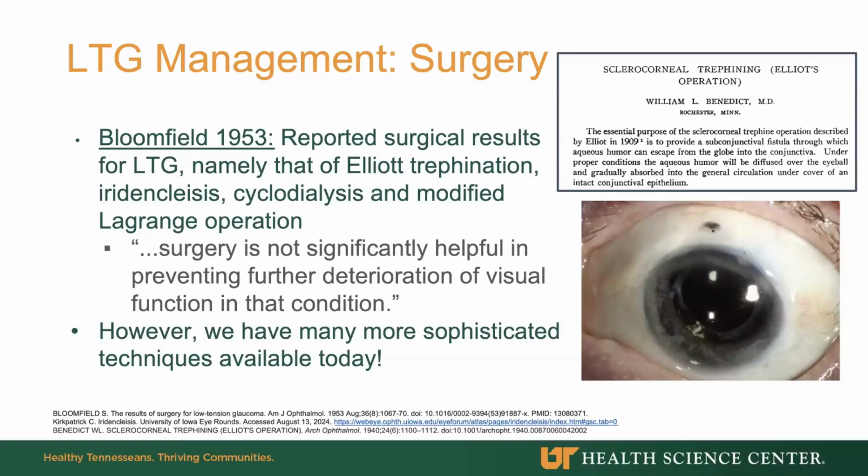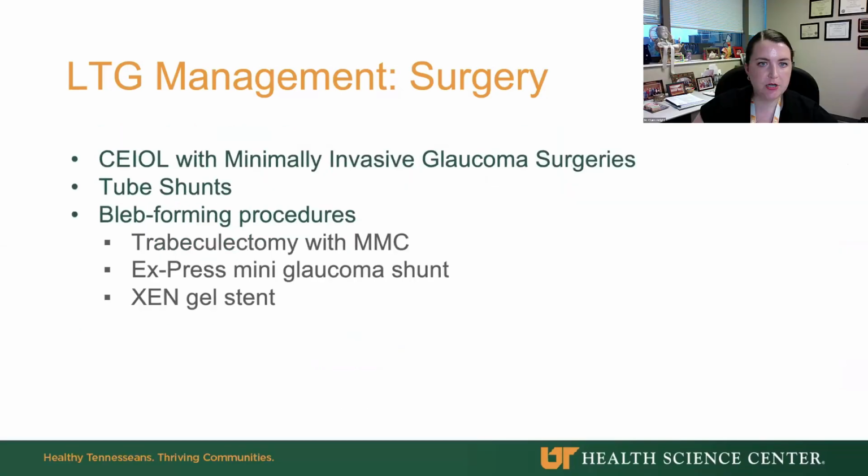His report wasn't great, and he was quoted in this report to find that surgery is not significantly helpful in preventing further deterioration of visual function in that condition. A little depressing. However, a lot has changed since 1953. We have many more sophisticated techniques available today, and I'll be talking about those now.